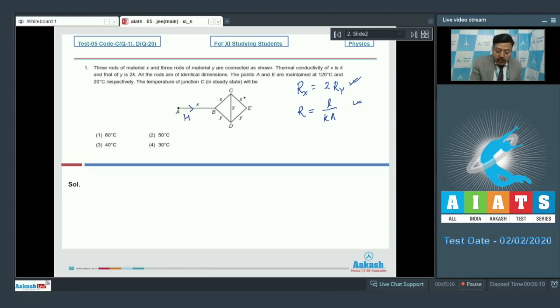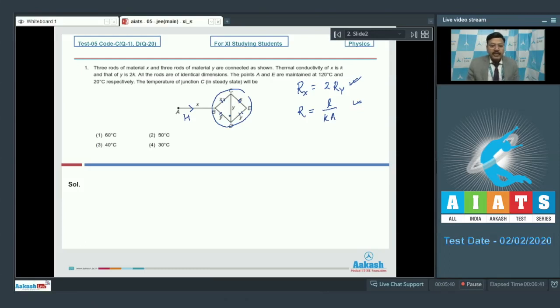Now if we look only at this arrangement, we can see that this resistance is equal to this resistance and this resistance is equal to this resistance. That being the case, no heat current will flow through the section CD. This is also very analogous to a Wheatstone bridge in current electricity.